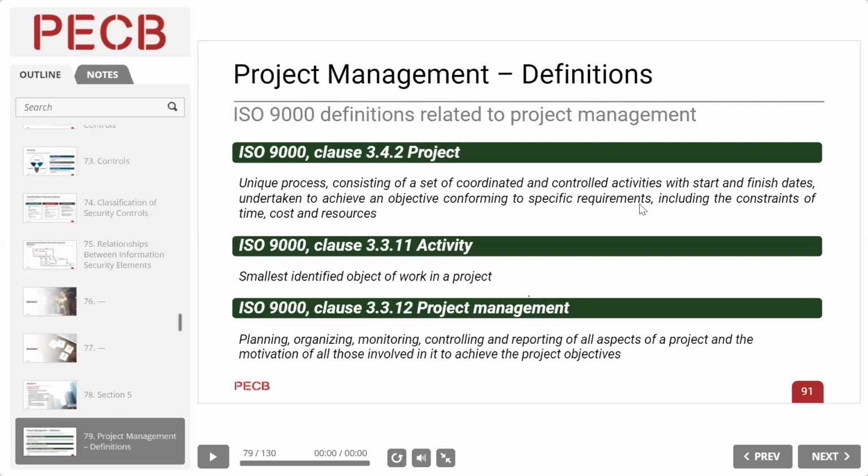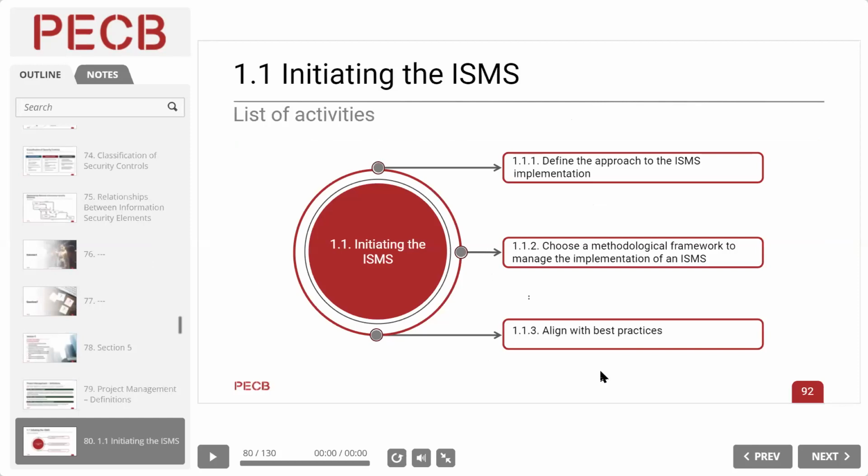It will just borrow and reference that management system. In ISO 9000 clause 3.4.2, the project, the activity, and the project management are all outlined, and we use those perspectives in implementing the ISMS. In initiating the ISMS, these are the list of activities.